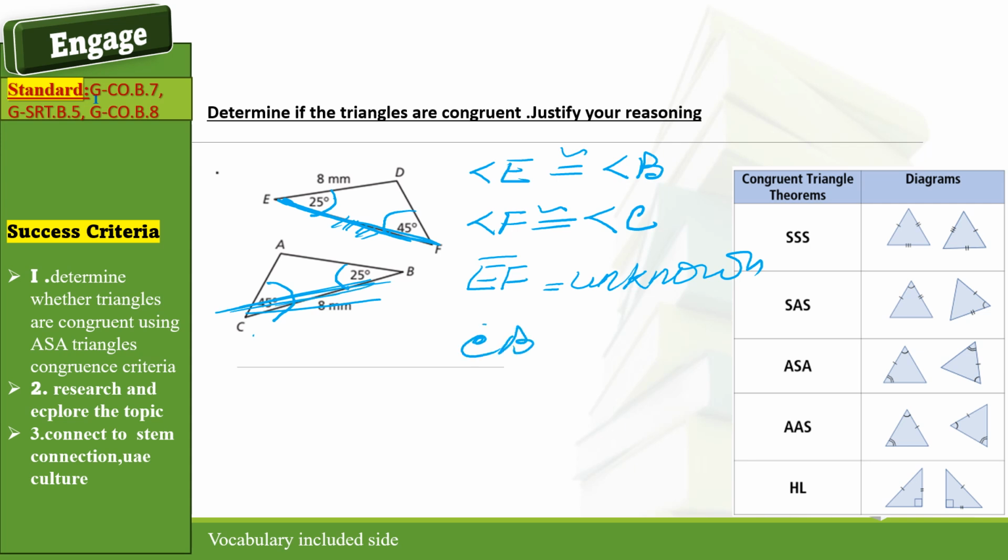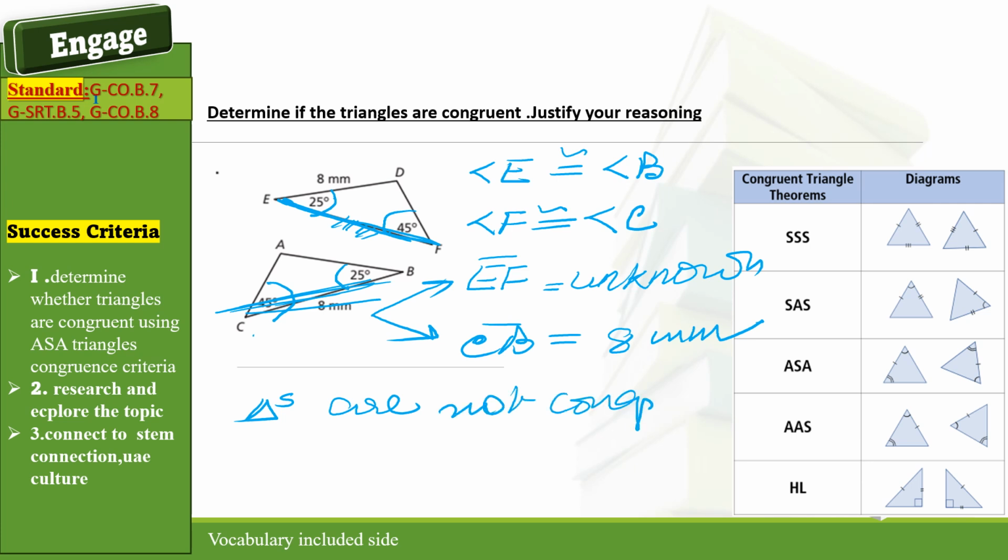And what is the measurement of CB? It's written as 8 millimeters. But you can't say that EF and CB are congruent. That's why you cannot prove that the triangles are congruent. So you will say that the triangles are not congruent. And why are they not congruent? Because we don't have enough information. Not enough information.